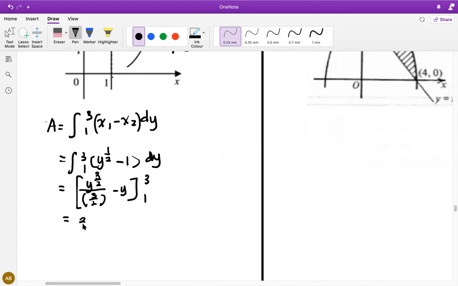Check your answer. So you get 2 over 3 y to the power 3 over 2 minus y from 1 to 3.